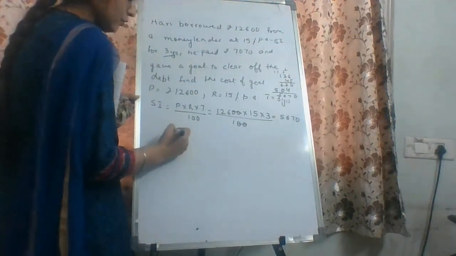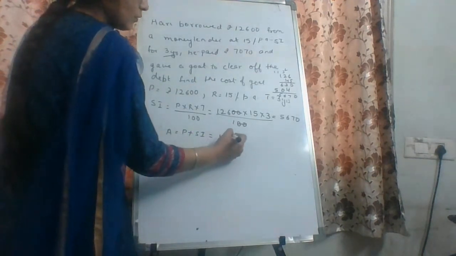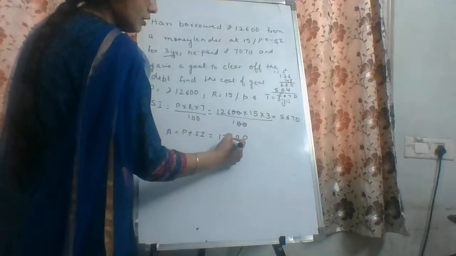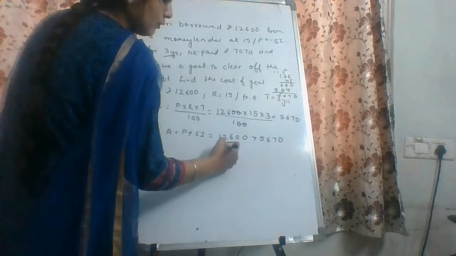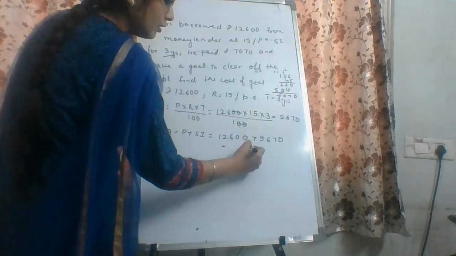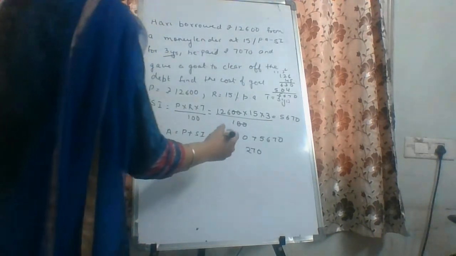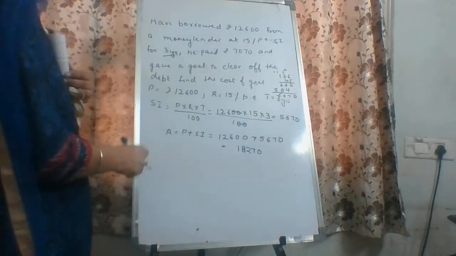Amount is equal to principal plus simple interest. This is 12600 plus 5670. Calculate. This is equal to 18270.